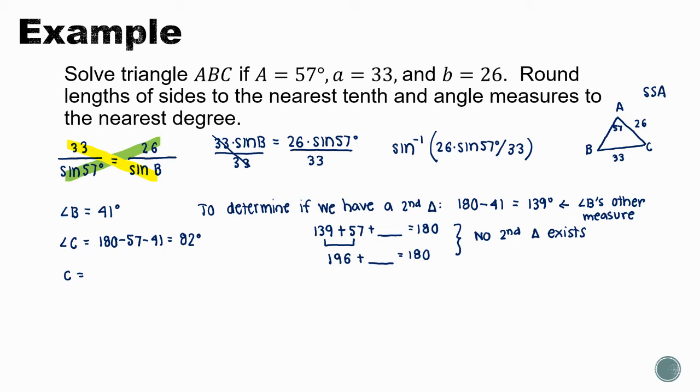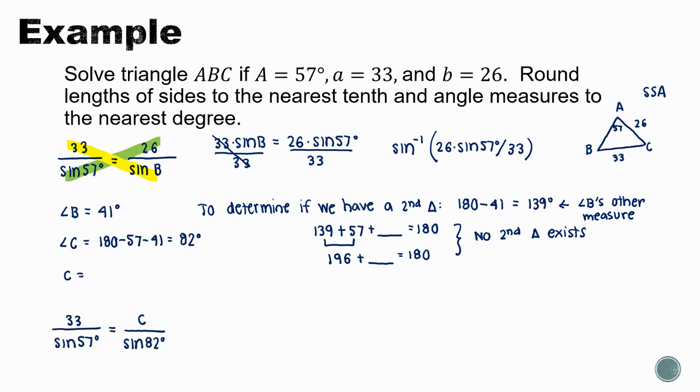To find our measure for C, we're going to do the law of sines. So we are going to use the information that we began with, which was the side of 33 and the angle to be 57 degrees. So 33 over the sine of 57 degrees. This is going to equal. Now I want to find the measure of C, or the length of C. I'm given that angle C is 82 degrees.